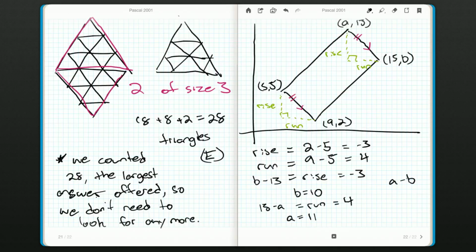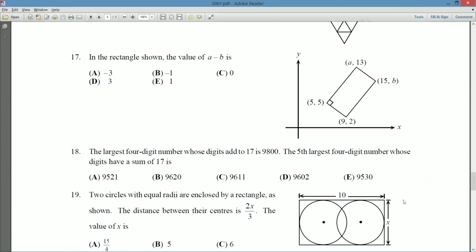So a minus b in that case is going to be 11 minus 10, which is equal to 1. And that was one of the answers, I think. Was it B? No, B is minus 1. We're looking for E. And we just double check, yes, we want a minus b, not b minus a. Okay, so 11 minus 10. We're going to get an answer of E.